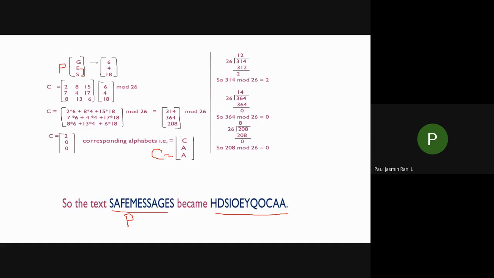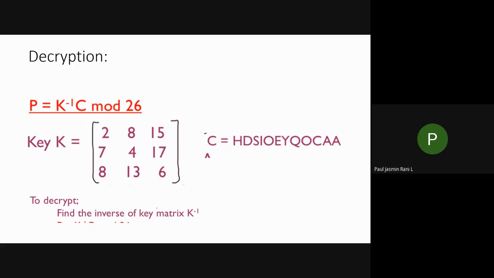Next, let us see decryption. Remember this, let's see only the outline of decryption. In order to solve decryption, you have to follow some number of steps. First, what is the formula to perform decryption?